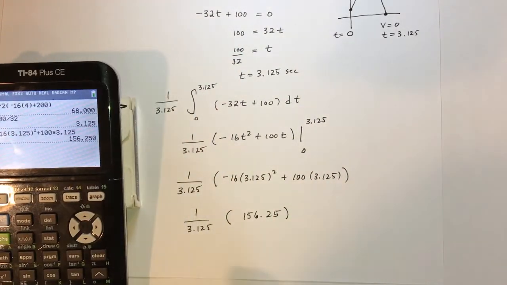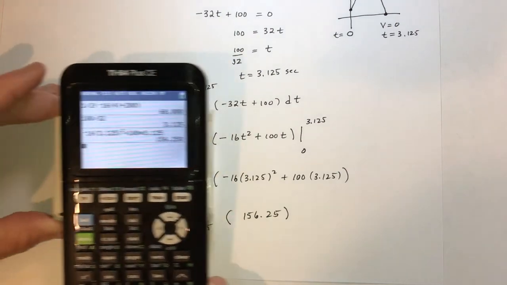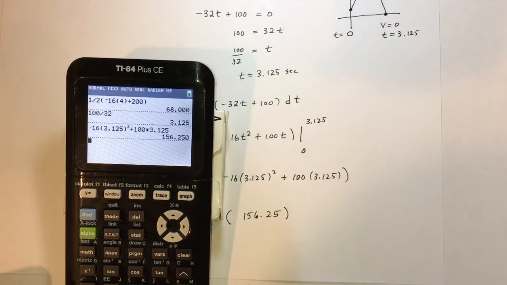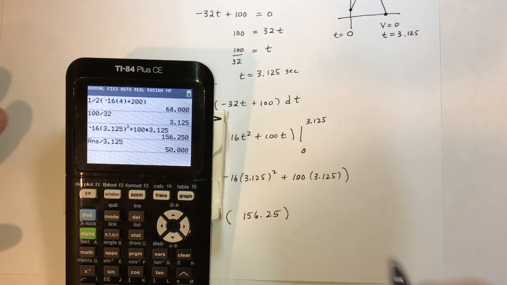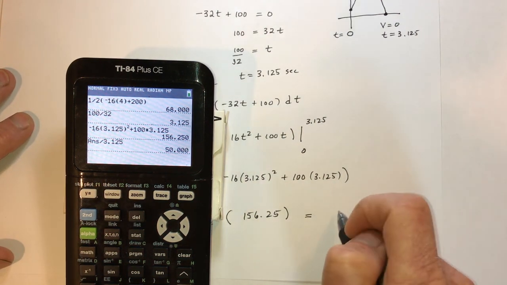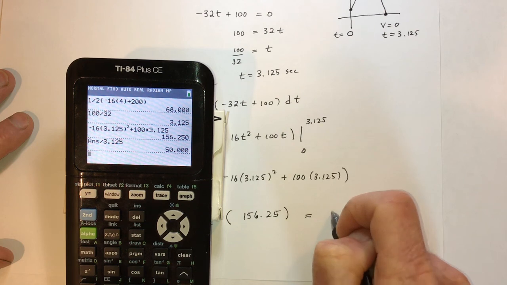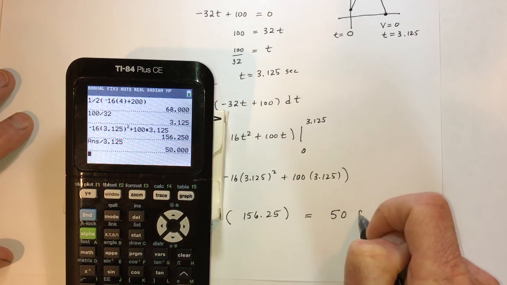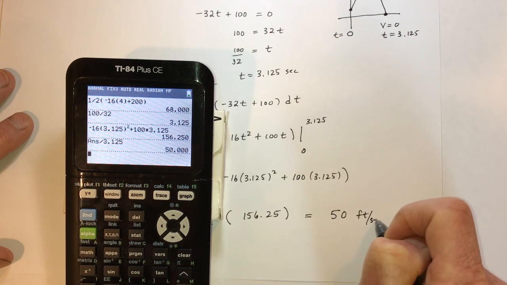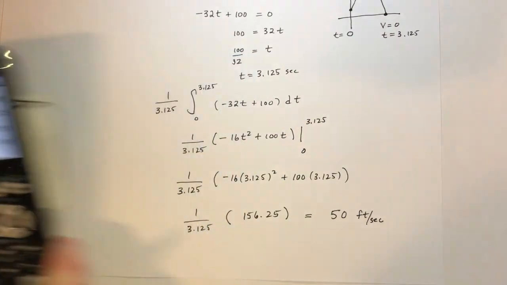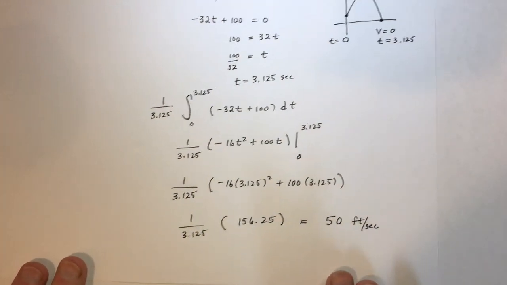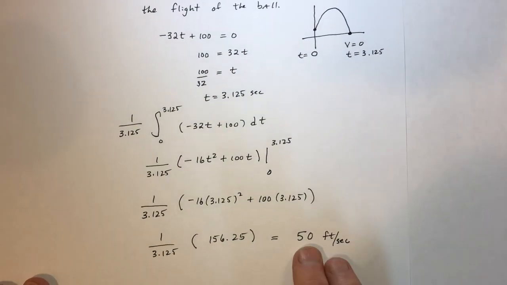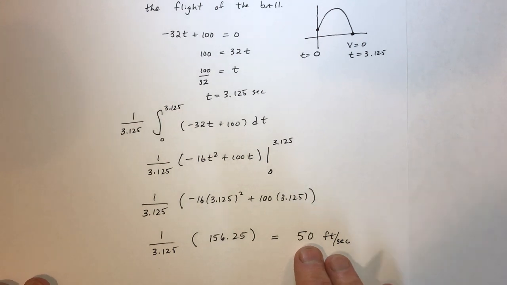And then that still needs to be divided by 3.125. And what I was hoping would happen actually happened. So the average velocity is 50 feet per second.